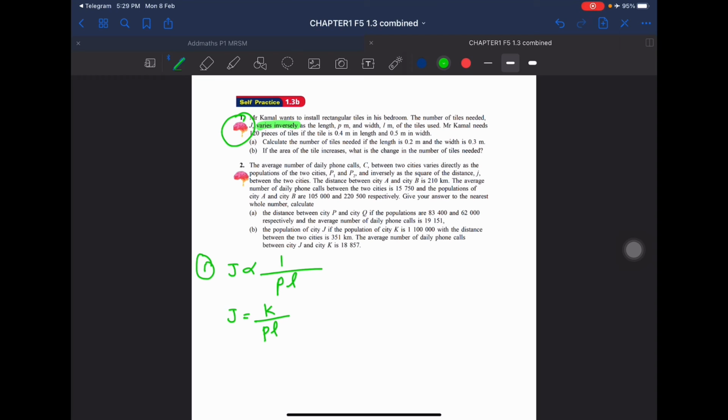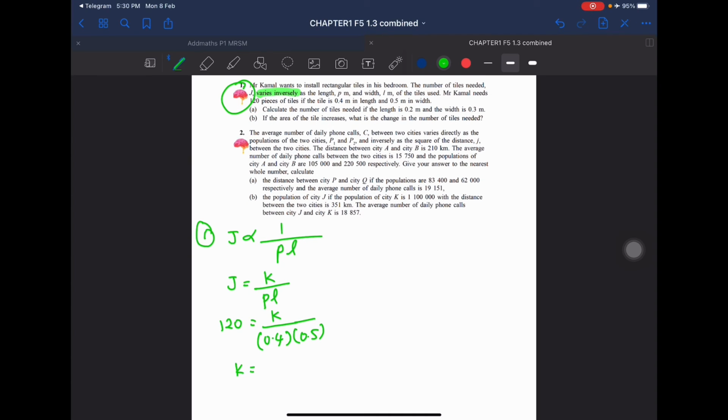Next, find the value of K by substituting the values that you get from the question. So from the question you have J, number of tiles, we have 120 equals K over P and L, so 0.4 times 0.5.